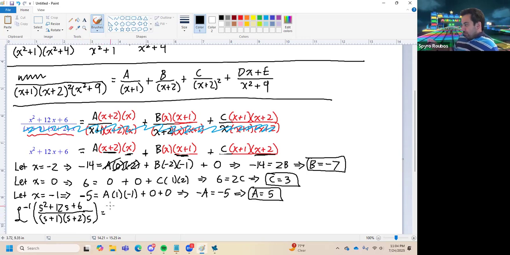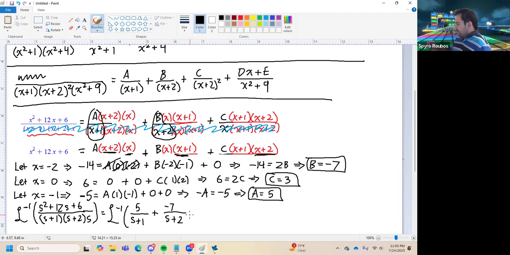Well, from what we did, I know I can expand it as 5 over s plus 1, since a was 5. b was -7 over s plus 2. And then finally c is 3 over s.